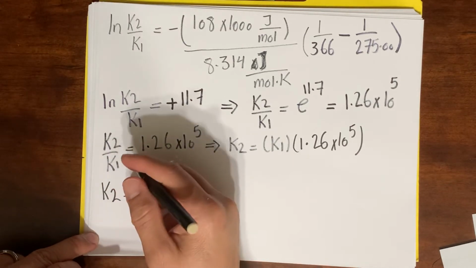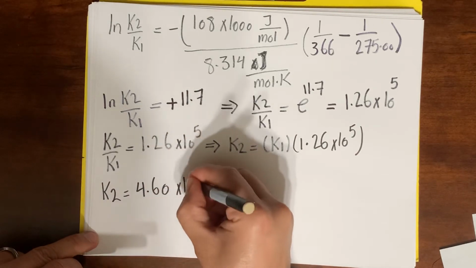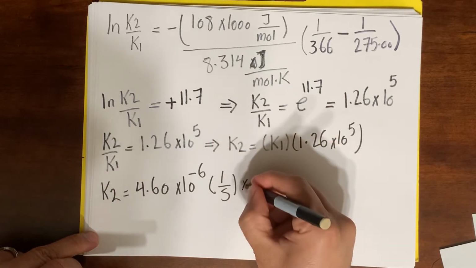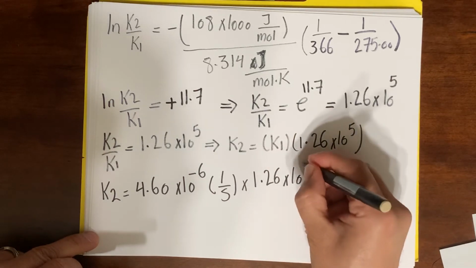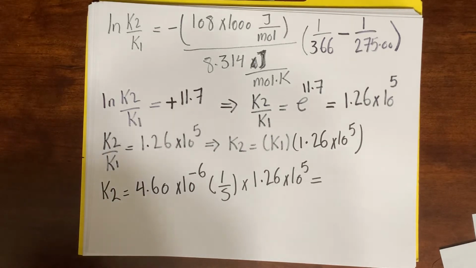K1 is given, and K1 was 4.60 multiplied by 10 to the power of minus 6, unit 1 over second, multiplied by 1.26 multiplied by 10 to the power of 5. So I go with 4.6 to the power of minus 6 times that. The answer is 0.58.